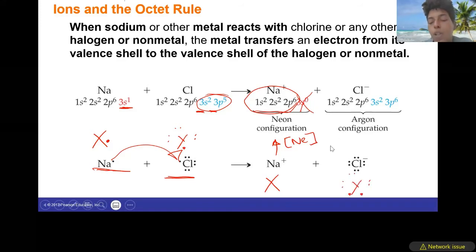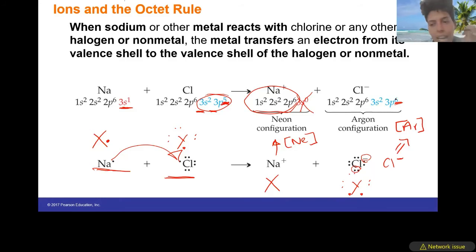And our chlorine now has its extra electron added here, and now it becomes the chloride ion. And notice that we changed from 3p5 to 3p6, and now I have my argon electron configuration, all right? Because now we have filled that outer shell that had 7, and now it has 8.